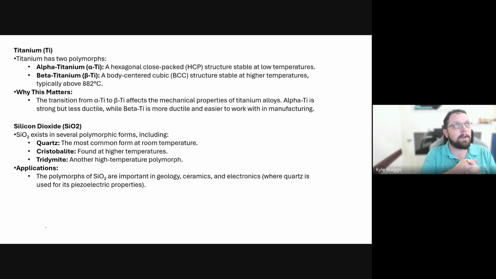It's got to store all of that kinetic energy somewhere, and that often comes in the form of less space efficient materials so that the molecules have more room to physically vibrate at these higher frequencies because of that higher kinetic energy. That transition affects the mechanical properties. So alpha titanium is strong but less ductile. Beta titanium is ductile and easier to work with in manufacturing.